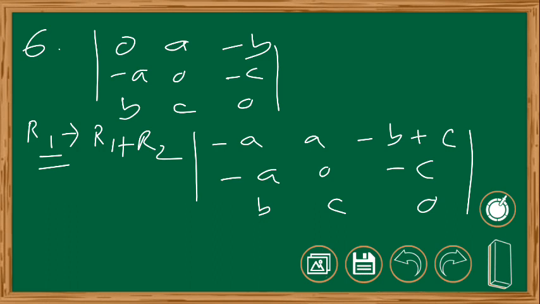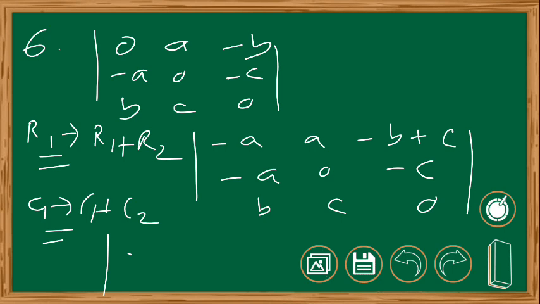Clear? Now to make another 0, what I will do is replace column 1 by column 1 plus column 2, right? So let us see what I will get. Here column 1 will be replaced by column 1 plus column 2.